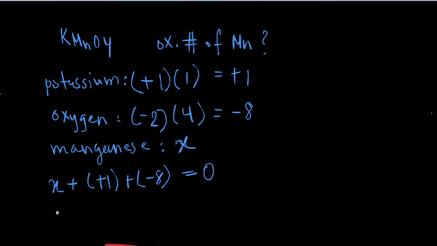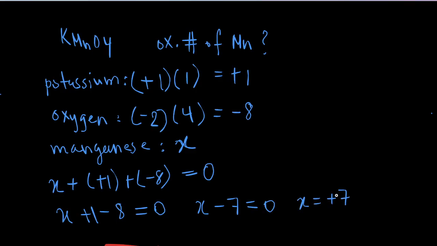Well, this is just X plus 1 minus 8 equals 0. X minus 7 equals 0. And so our X is going to equal +7. +7 here is our oxidation number. So the oxidation number of manganese is going to be +7.